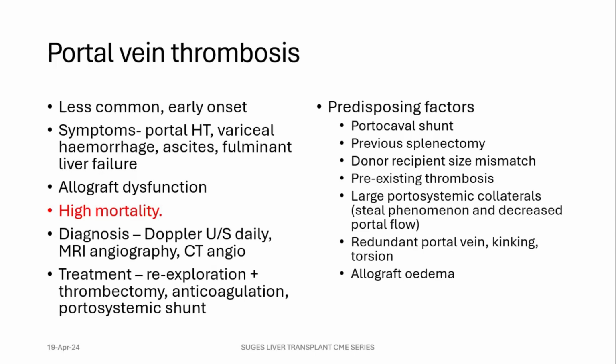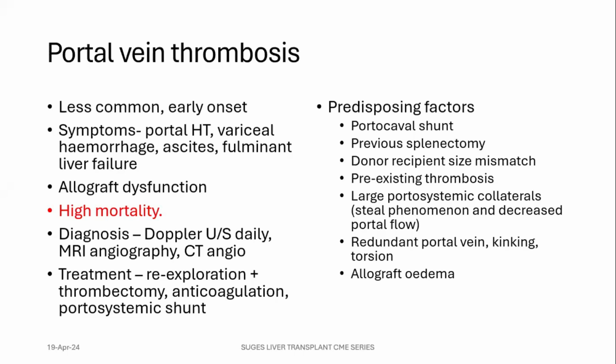Also a pre-existing thrombus in the donor liver, and large portosystemic collaterals, which mimic the Linealis-Steele syndrome, whereby you end up with decreased portal flow, and that predisposes one to forming thrombi. And if you have a redundant portal vein and there's kinking and torsion, that can also stimulate the formation of a thrombus.